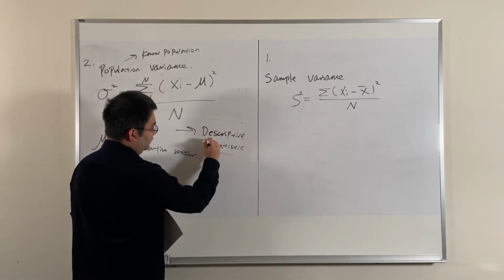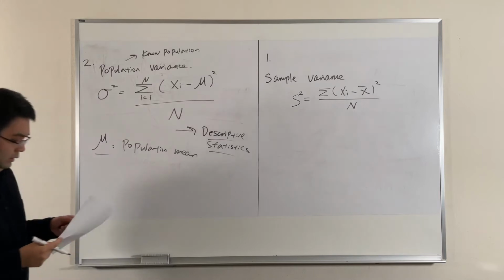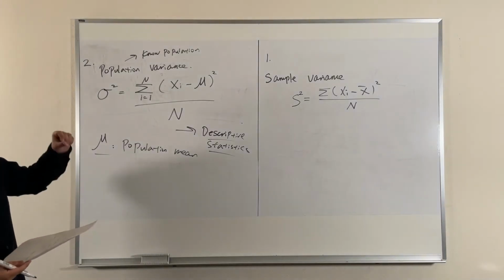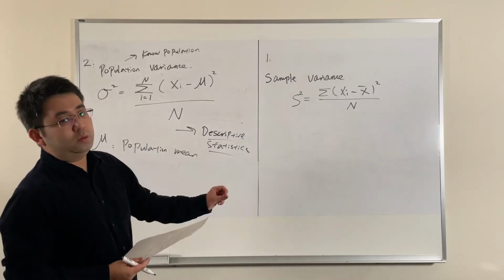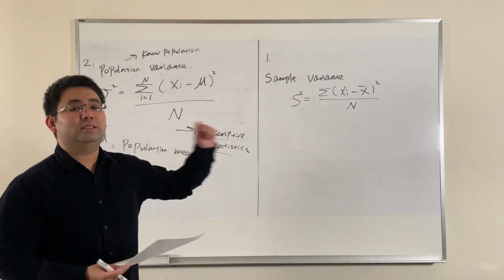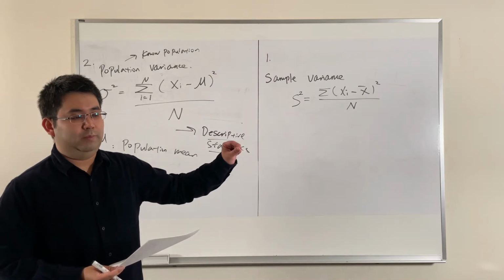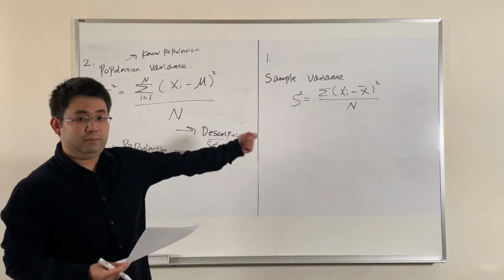Okay, very good. Now I want to introduce you to the third type. The third type is when you don't know the whole population, but you want to estimate the population's variance using sample variance.